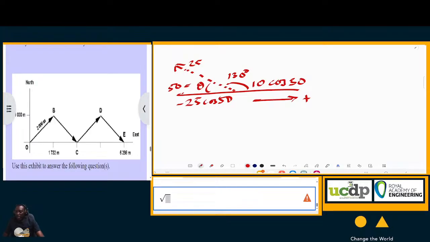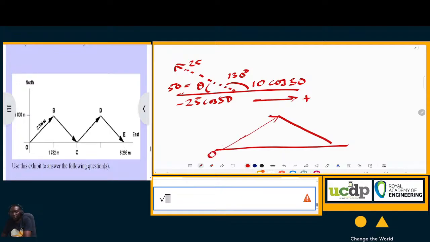Okay, but anyway, the diagram is something like this. That's the diagram, and we're moving from point O, from the origin. Then there's point B there, and there's point C at the first landing point.